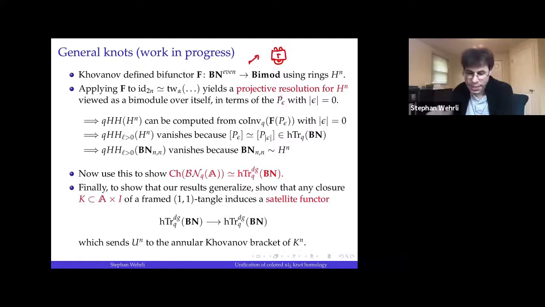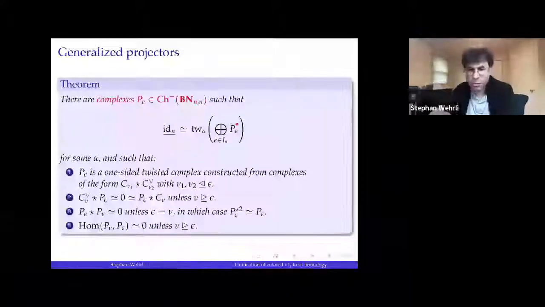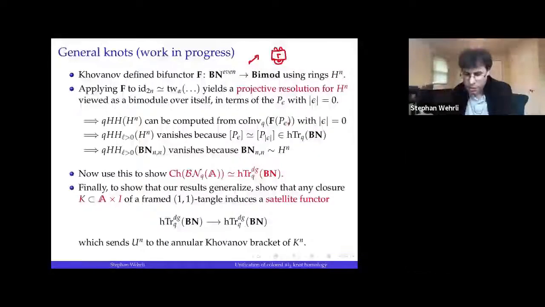So after doing that, most of these projectors become contractible, or contractible is kind of the wrong word because they're not contractible as bimodules, but they're contractible as abelian groups, so they become acyclic. And the point is you're only left with terms that correspond to absolute value of epsilon equal to 0.